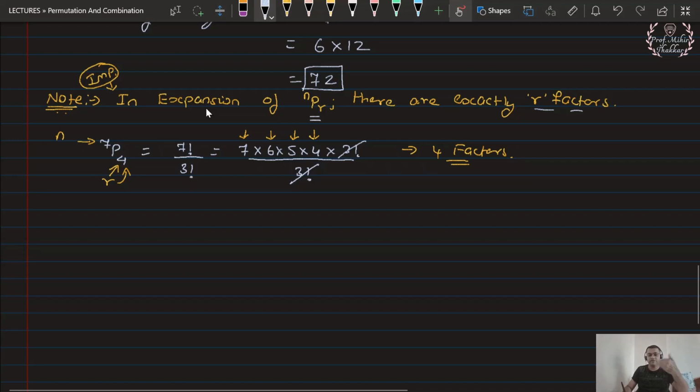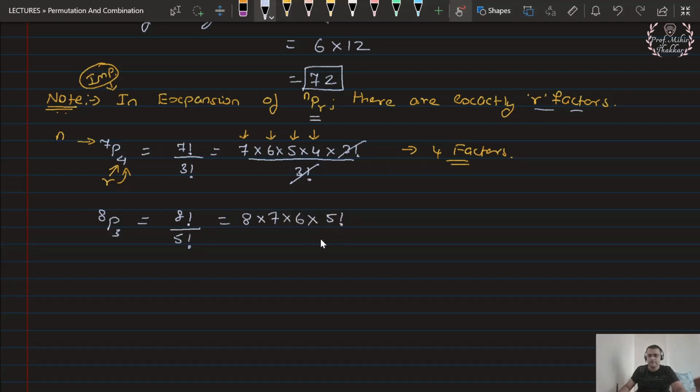In the same way, if I do some other calculation, let us say 8P3. According to 8P3, it will come out to be 8 factorial upon 8 minus 3, which is equal to 5 factorial. So this will become 8 into 7 into 6 into 5 factorial upon 5 factorial. Cancel this off.